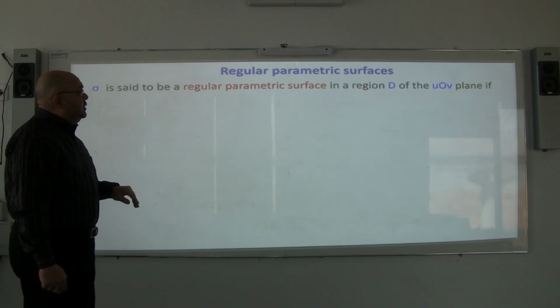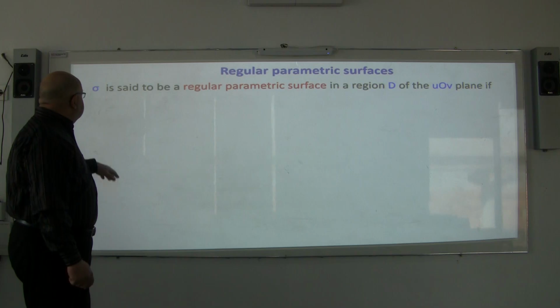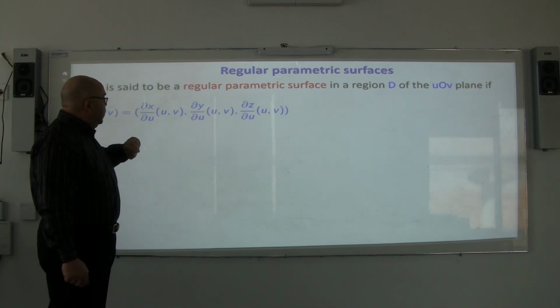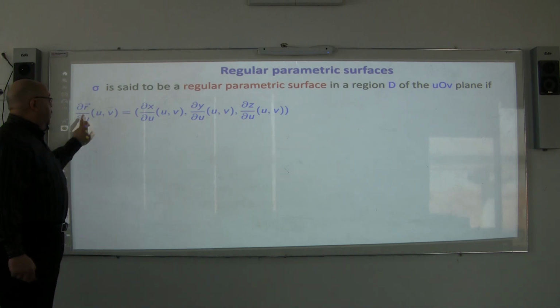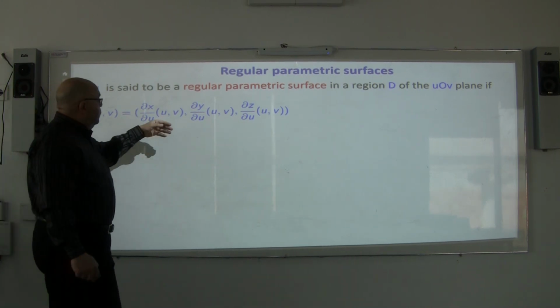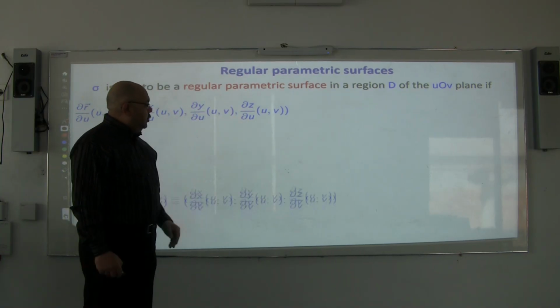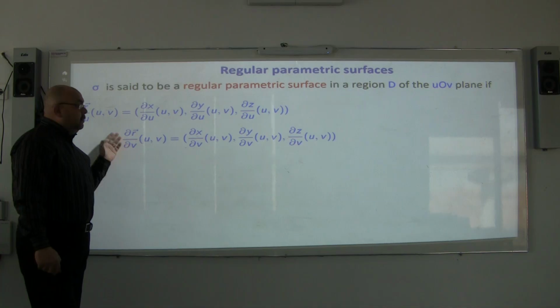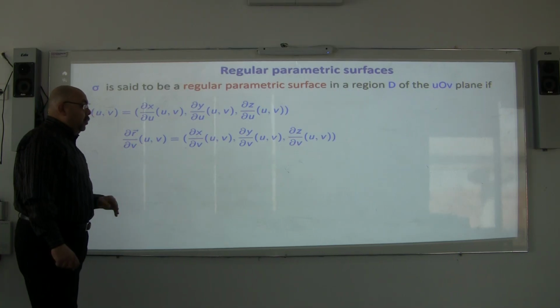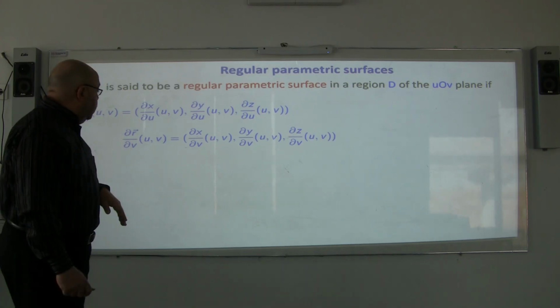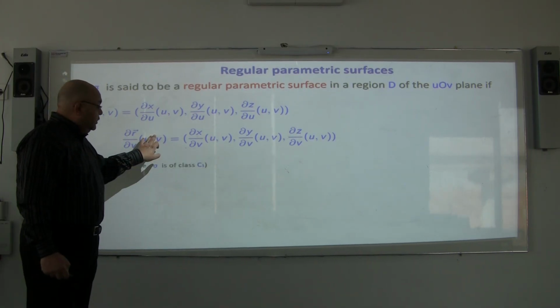Okay, regular parametric surfaces: sigma is said to be a regular parametric surface if we can find partial r, partial u, which is simply partial x, partial u, partial y, partial u, partial z, partial u, and also partial r, partial v, which are the partial derivatives of the components of this function with respect to v, as you can see.